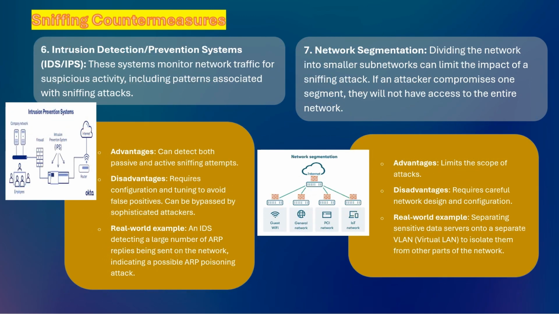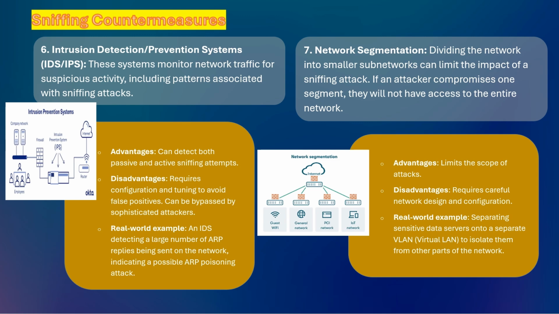Sniffing countermeasures: MAC filtering and ARP inspection. MAC filtering allows only specific MAC addresses to connect to the network. Pros: prevents unauthorized device access. Cons: can be bypassed by MAC spoofing. ARP inspection validates ARP packets to prevent ARP poisoning attacks.